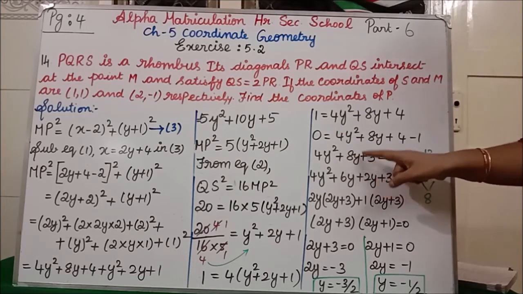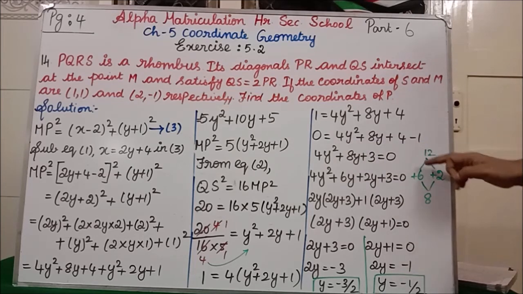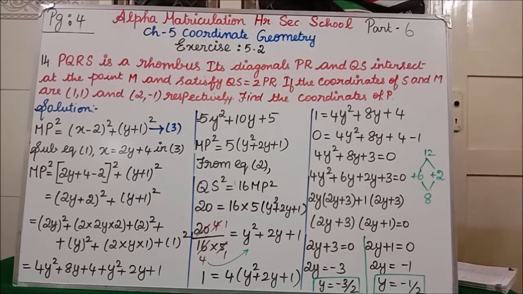Down, the middle number 8, write that down. Okay, so you see what are the possibilities of 12. 4 threes are 12, then if we add 4 and 3, will you get 8? No. Then what are the other possibilities of getting 12? 6 twos are 12, so 6 plus 2 we will get 8.